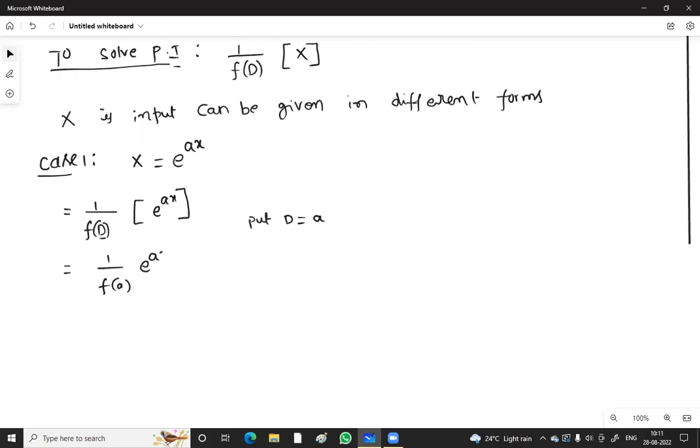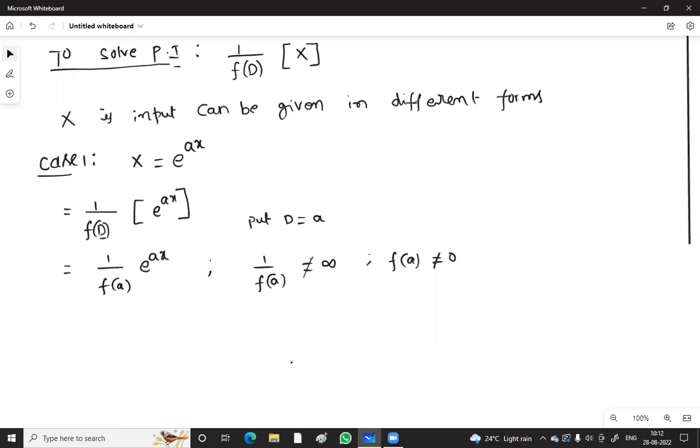That's it, your operation is done. This is the particular integral. But one condition: 1 over f of a should not be equal to infinity. It means f of a should not be equal to 0. If f of a is equal to 0, 1 over f of a is infinity, which is an undefined case.